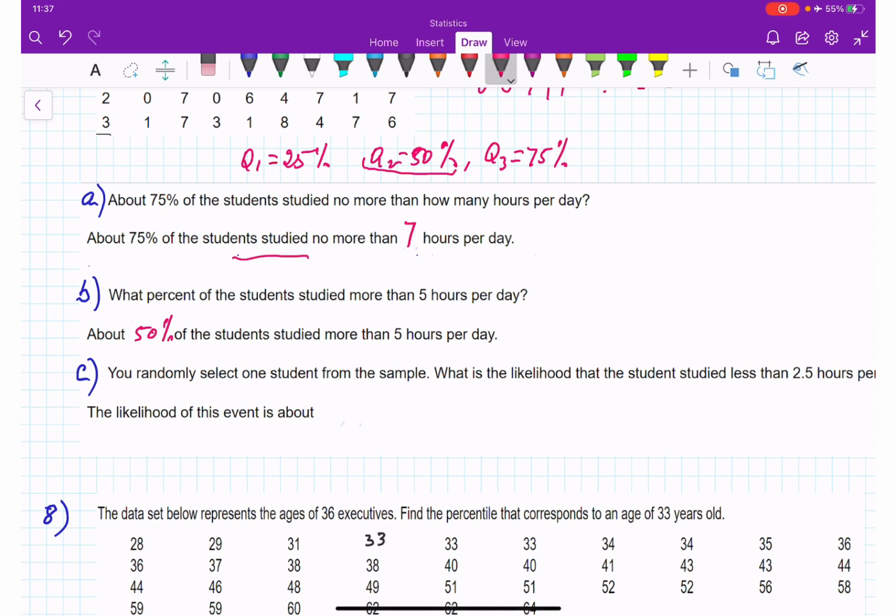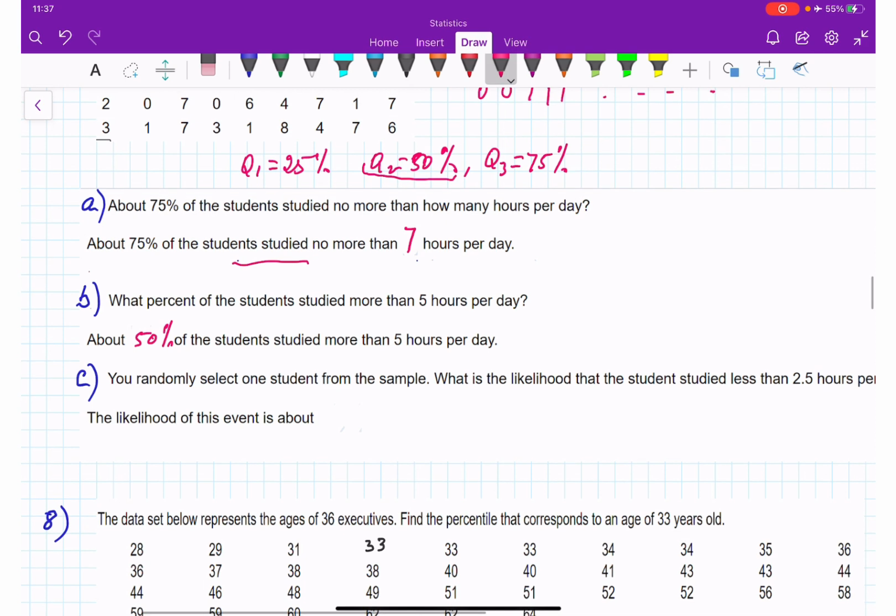Again, this question is best seen on Excel, because 2.5 hours falls between positions 7 and 8. This is where Q1 is. In positions 7 and 8 are 2 hours and 3 hours. And that's Q1, which is 25%.